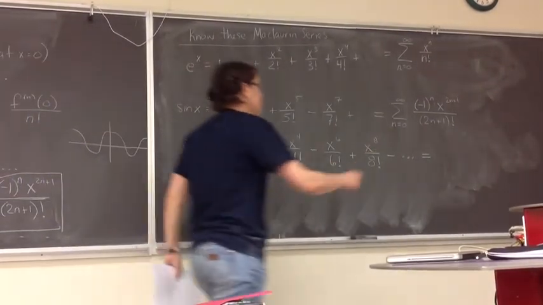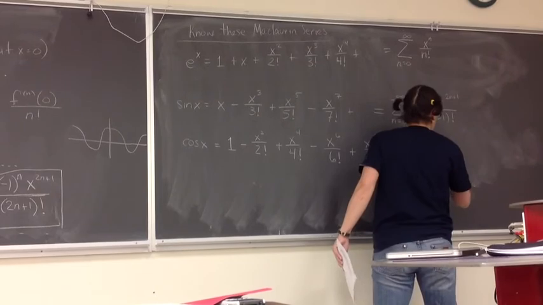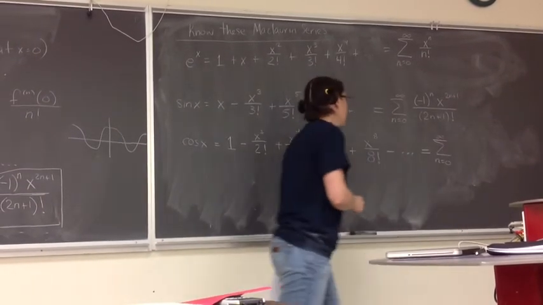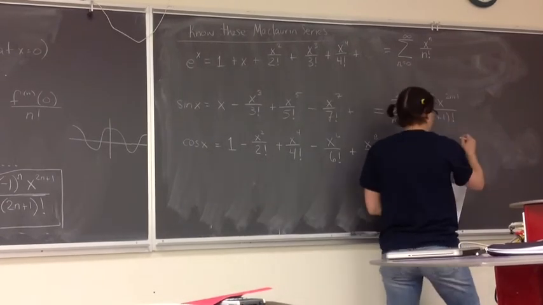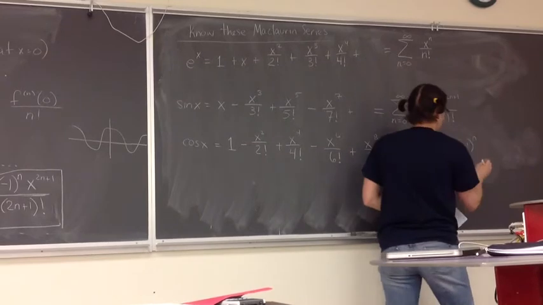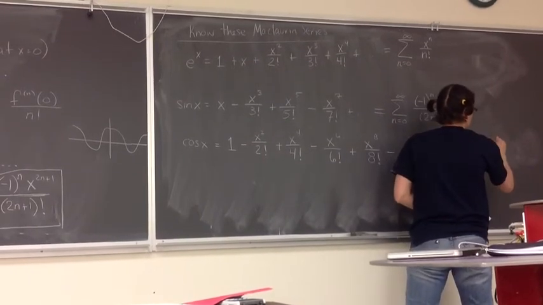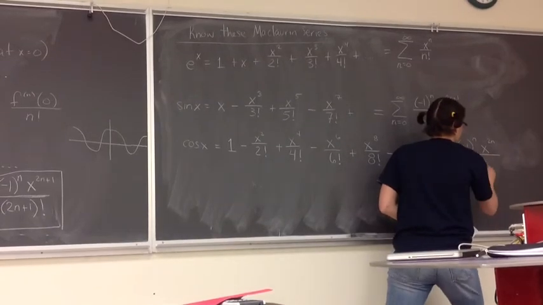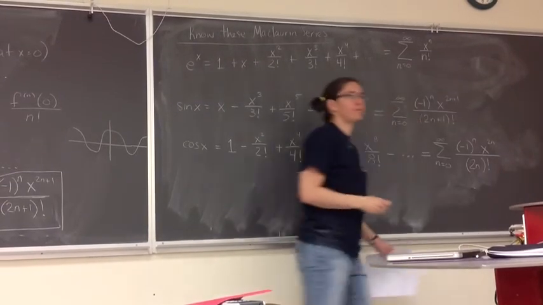And if I want to write cosine in its summation notation, I look at n goes from 0 up to infinity of negative 1 to the n times x to the 2n divided by 2n factorial.